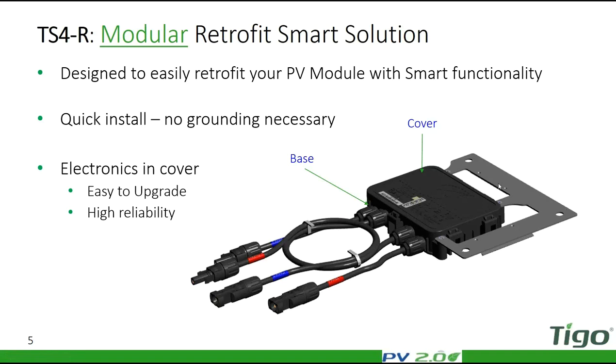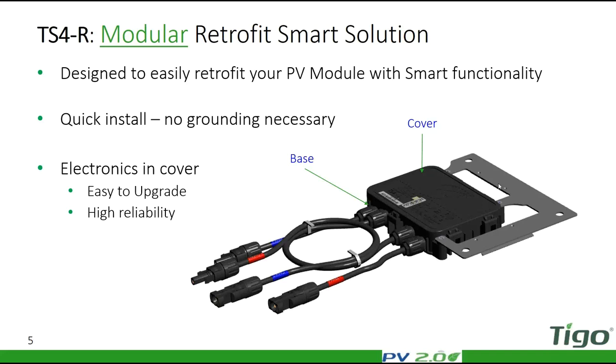The base basically has nothing other than some plastics, connector cables, and the bracket to mount it. And the covers, all the different covers, have all the electronics built into them, and we're going to see exactly which covers are available just in a minute.